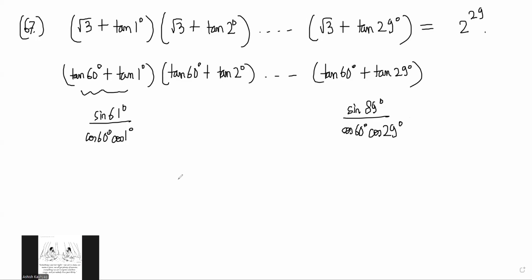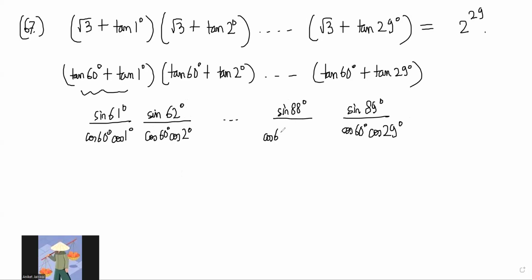Okay, then what? And then sir, I multiplied it. And we can do this for the second term and second last term also, but I first did this multiplication. So you're getting terms like this, and the second last would be like sin 88 by cos 60 cos 28. So now multiplying, what will you notice here? Multiply first with last.